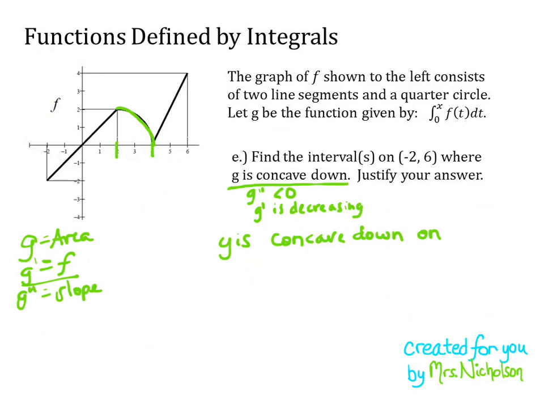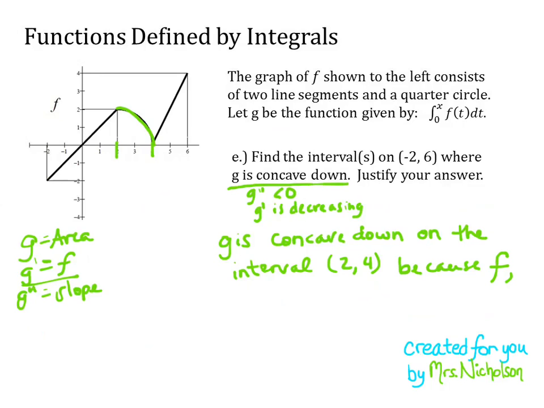on the interval 2 to 4, because we have to justify our answer. Again, every time you write the word because, the very next thing that should come after it is what's given. In this case, that's f.